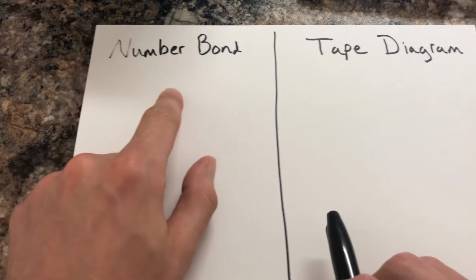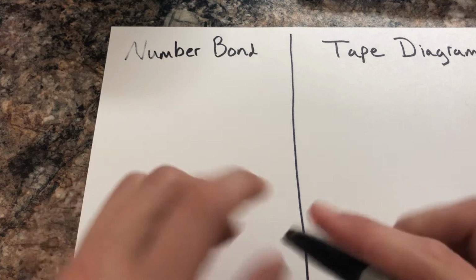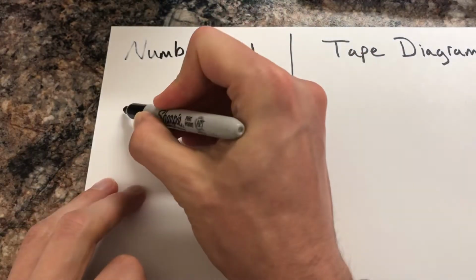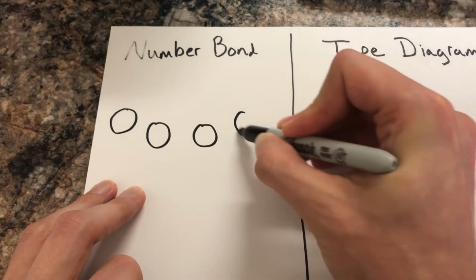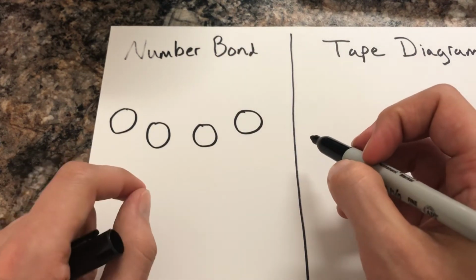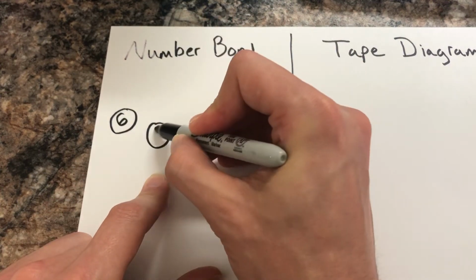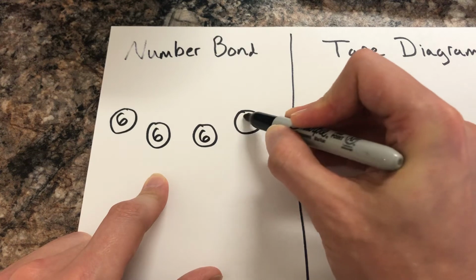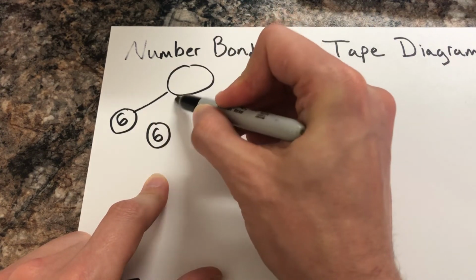If we were going to do it as a number bond, well, I noticed that he said cookies, right? So how many cookies did he have? He had 4 cookies, right? There are my 4 cookies. And how many chocolate chips were in each one? 6, right? And I want to know how many he had all together.